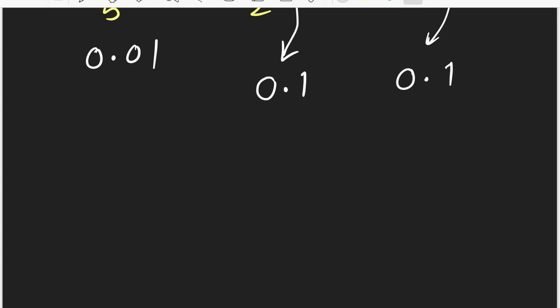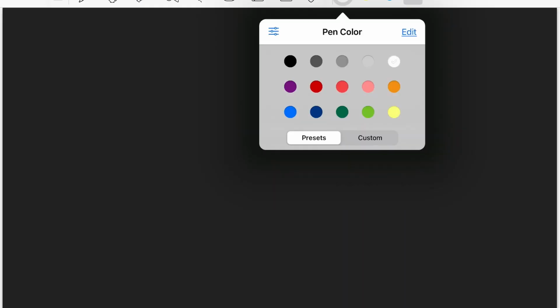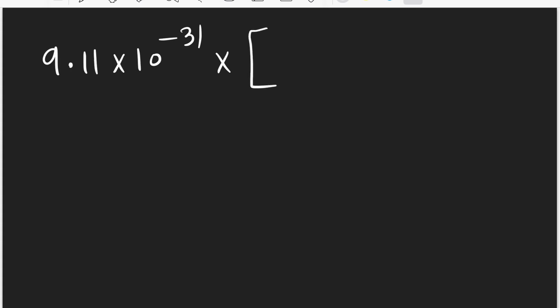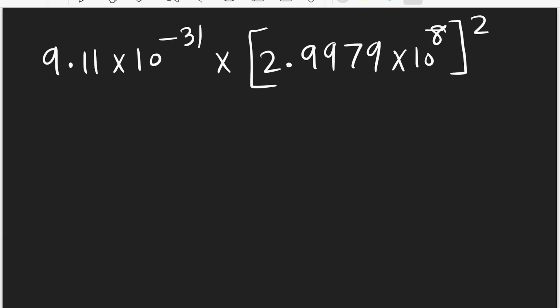For example, consider this product. 9.11 times 10 to the power of minus 31 times 2.9979 times 10 to the power of 8, the whole to the power of 2.